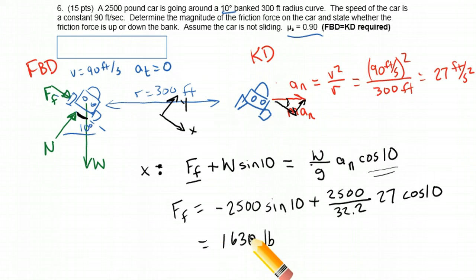I got a positive number here, so that means I assumed correctly, and so the force of friction is down. This is a part of the problem that's really commonly missed. The problem says to state where the friction force is up or down, and you can do that with either an arrow or just words.